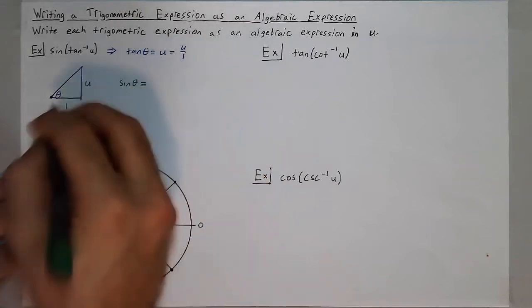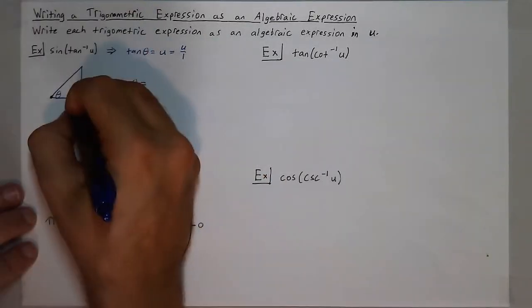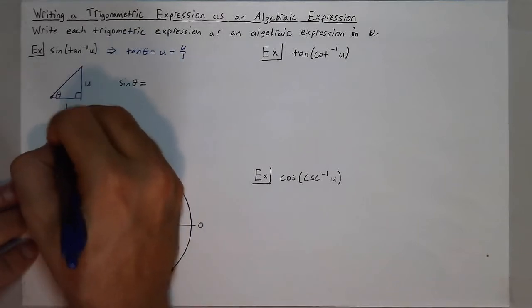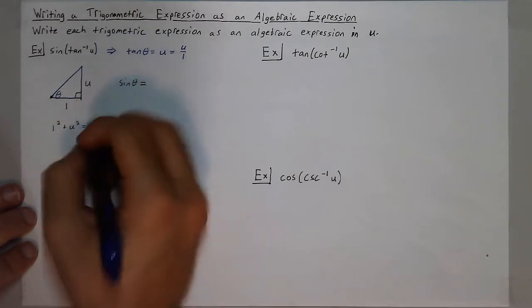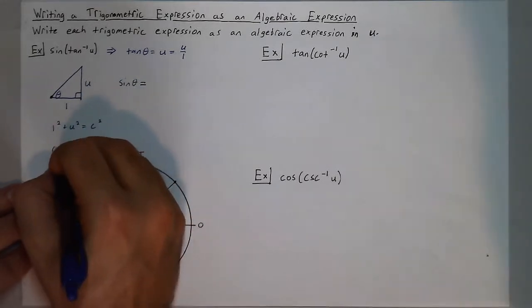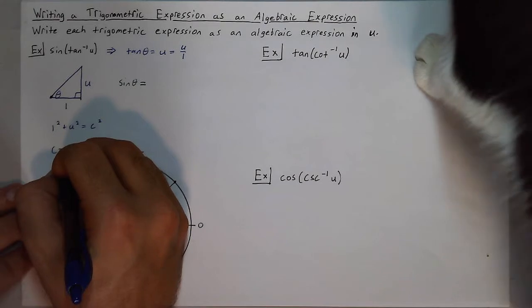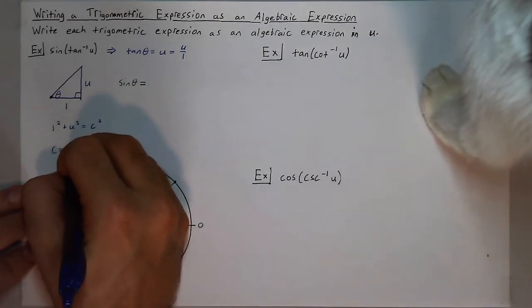So I need to use the Pythagorean theorem in order to find the hypotenuse side of my right triangle. So I'll have 1 squared plus u squared is equal to c squared. Solving for c, I'll get c is equal to the square root of 1 plus u squared.